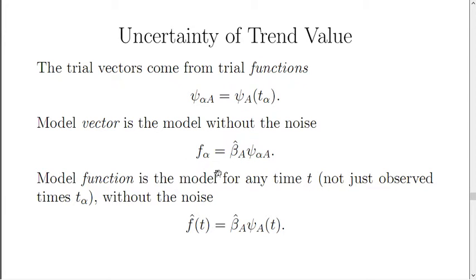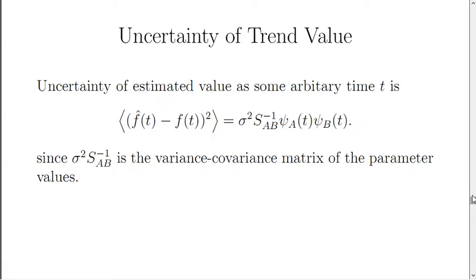We can define a model function as the model for any time, not just the observed times, by using the estimated parameters times the trial functions. Then we can compute the uncertainty of an estimated value at any arbitrary time, whether it's one of the observed times or not, by this expression. It's the variance of the noise times the inverse S matrix times this product of trial functions, not trial vectors.